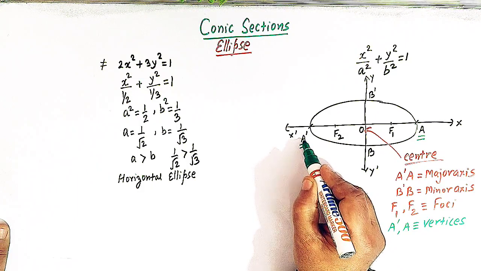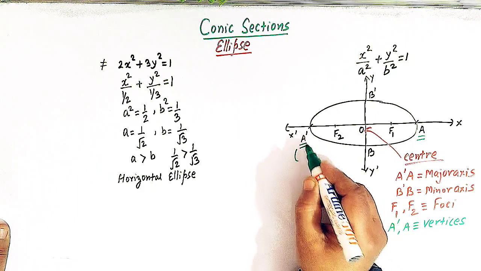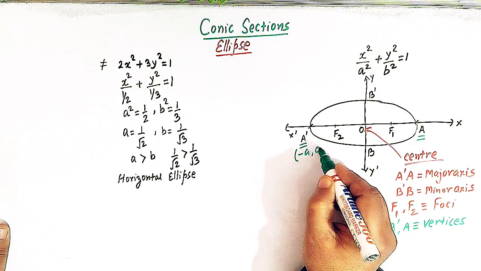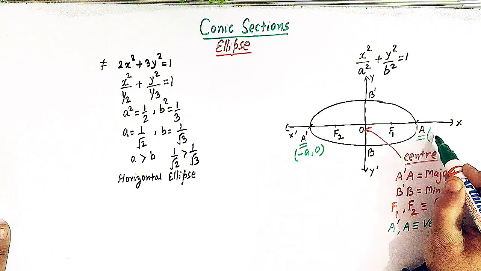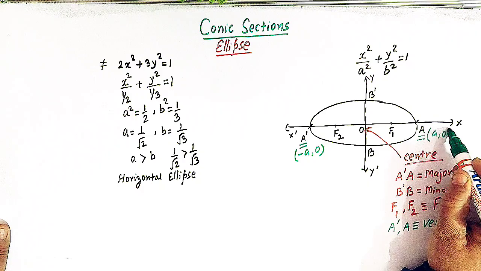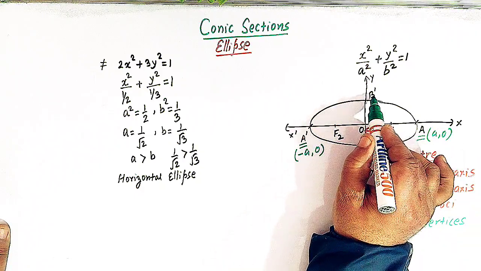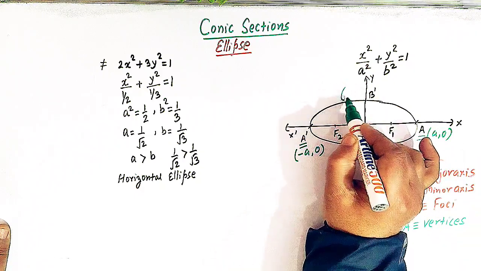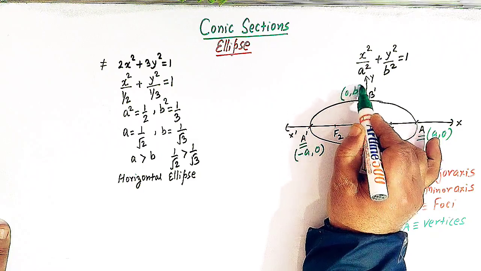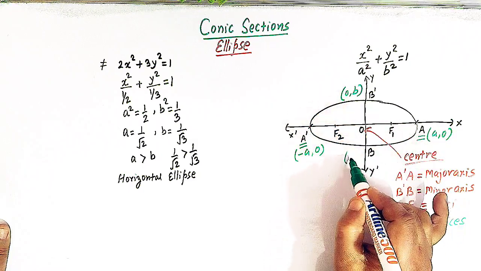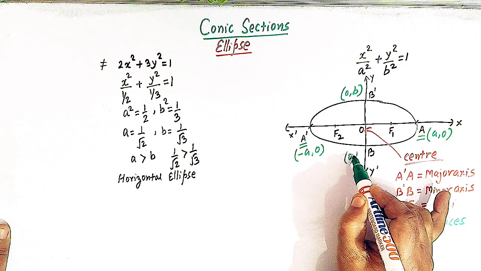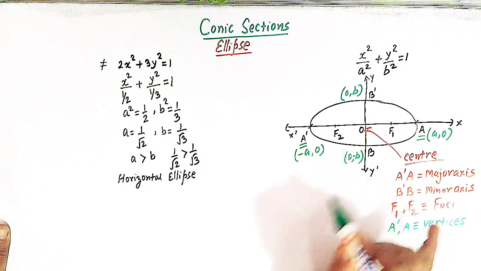So here this a dash point has the coordinates minus a comma 0. This a has the coordinates a comma 0, and here this point, that is b dash, has the coordinates 0 comma b, and b has coordinates 0 comma minus b, right?